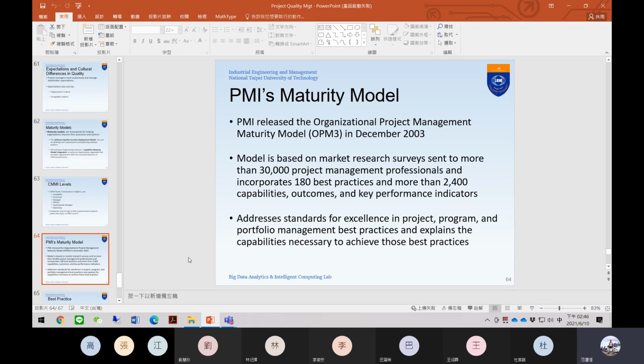So every year, Tianxia magazine does a similar survey and incorporates 180 best practices and more than 2,400 capabilities, outcomes, and key performance indicators to select the best maturity model for enterprises. It addresses the standard for excellence in project, program, and portfolio management best practices, and explains the capability necessary to achieve those best practices.